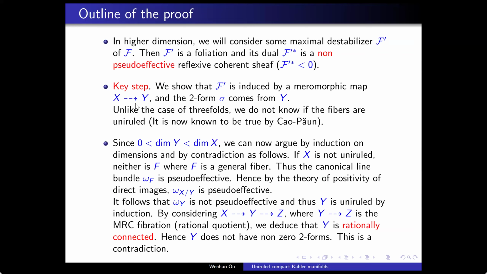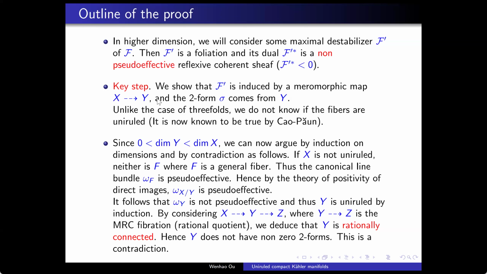When I was trying to prove this theorem, I could not prove that the leaves of this foliation, or the fibers of this rational map, are rationally connected or uniruled. But later, this was proved by Cao and Paun. So once we have this key step, we can reduce our variety or manifold X into two pieces of smaller dimension.